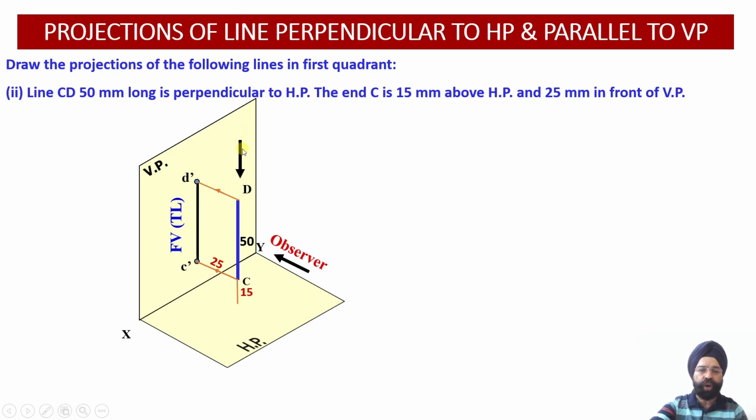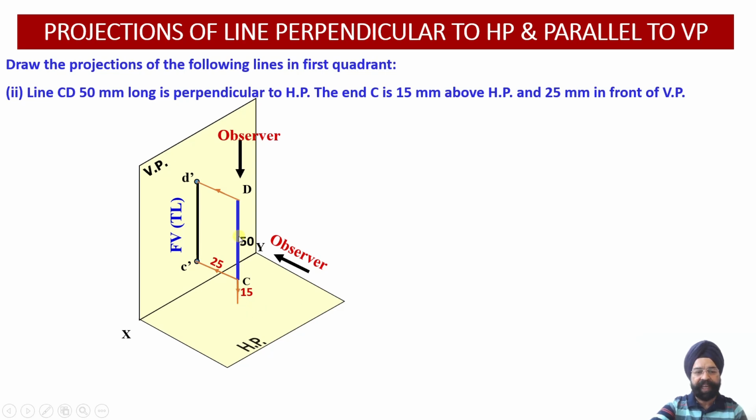Now I want to draw the top view of the line. I am looking from the top, that is observer is looking at this line from the top, and this we already know by now that whenever a line happens to be perpendicular to a reference plane, both the projections of its two ends, they are going to coincide and I am going to obtain the point view of the line onto that particular plane.